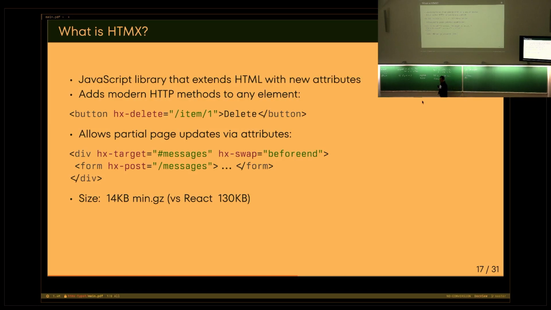What we do with HTMX is that we do not send JSON, we send HTML back and forth with the server, which is really fun, and a lot of people really hate it, but it works really well. So I submit this form, the backend will give me an HTMX-enriched fragment for the new message, and I will just put it here, and it's super easy.